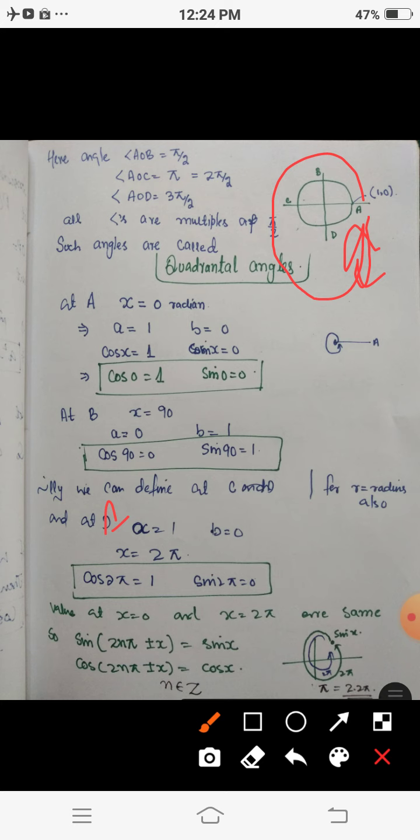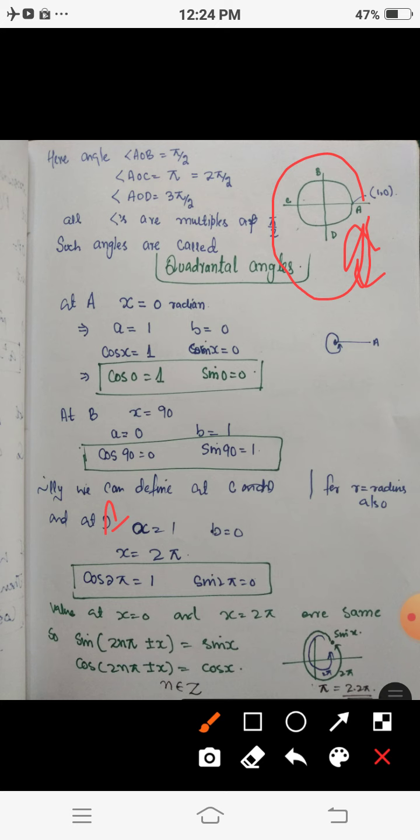Only one thing changes, that is the angle. Initially at A, coordinates were 1 and 0, but the angle was simply 0. But when we make one revolution around this point A, coordinates remain the same, that is 1, 0, but the angle changes.